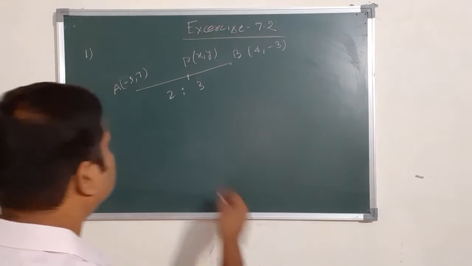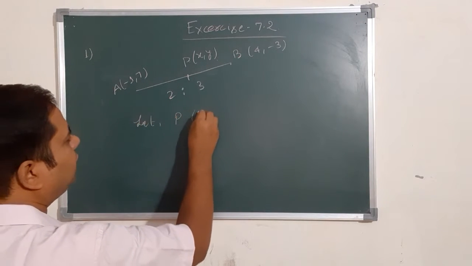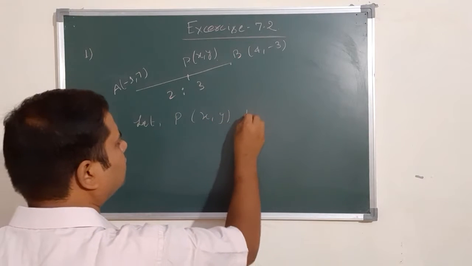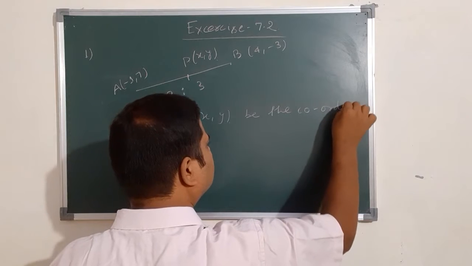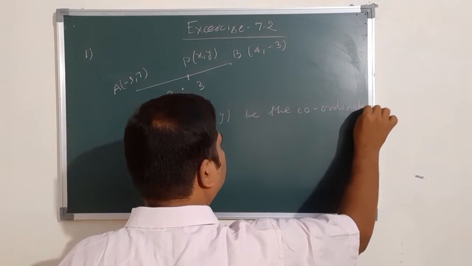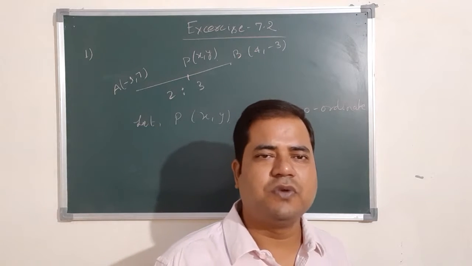Let P(x, y) be the coordinate. So what is the value of x1, y1, x2, y2?